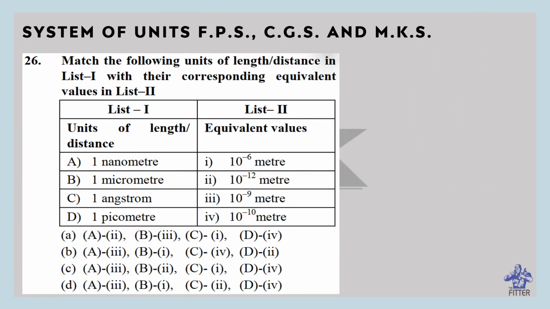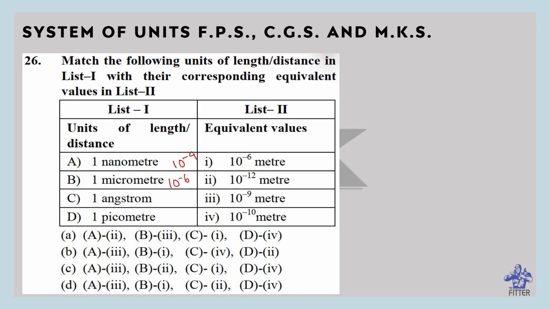Match the following units of length or distance in list 1 with their corresponding equivalent values. Here, 1 nanometer means 10 to the power of minus 9, right? Micrometer means 10 to the power of minus 6.